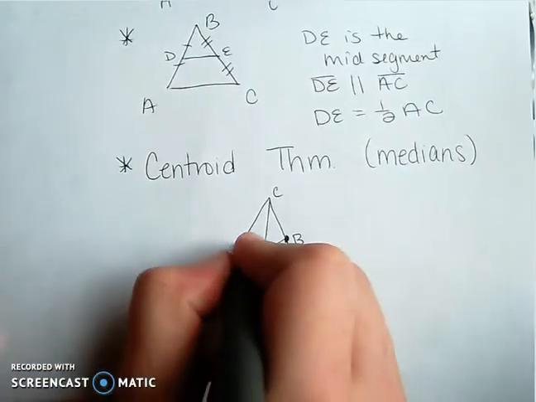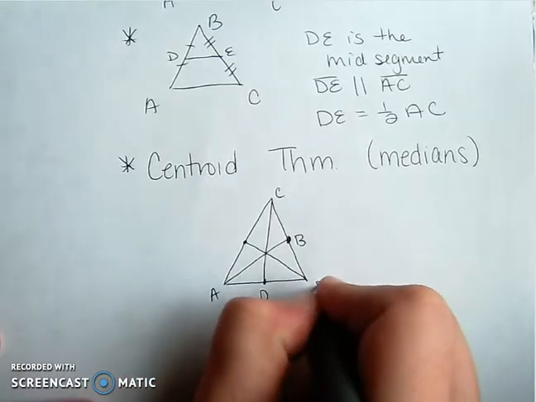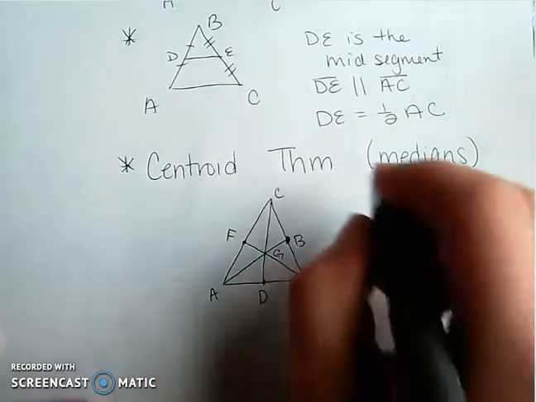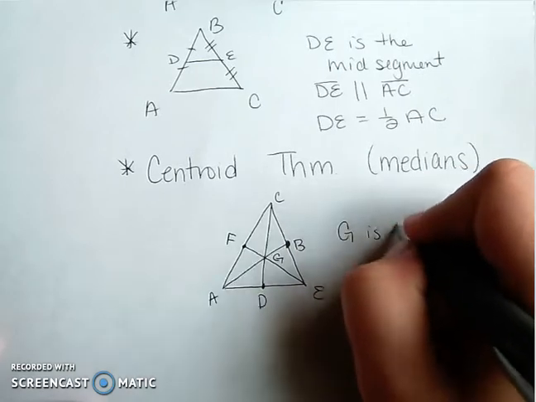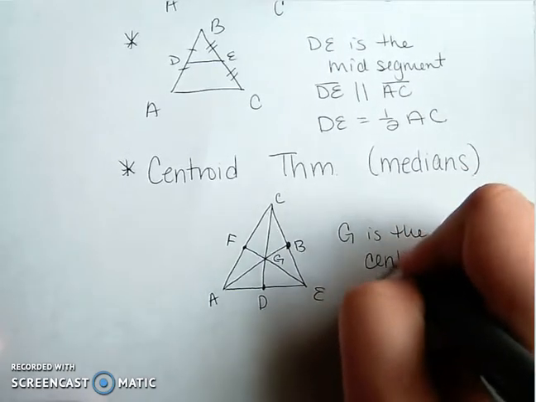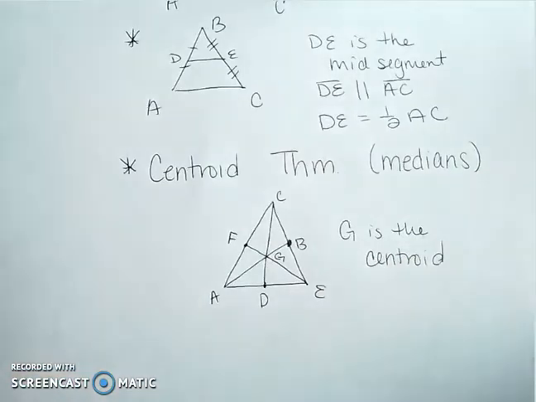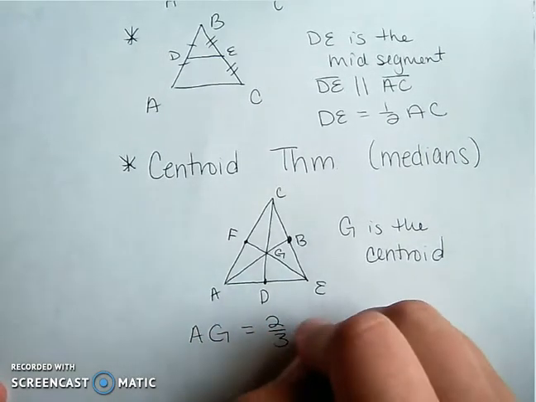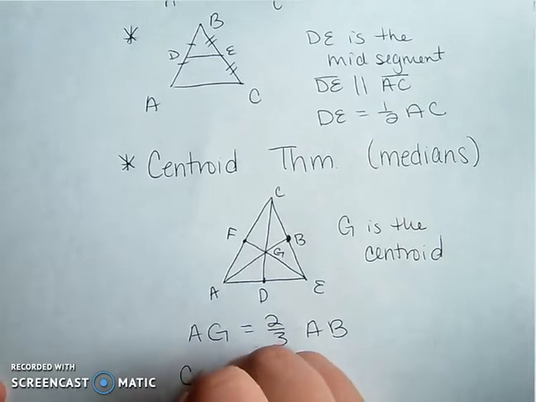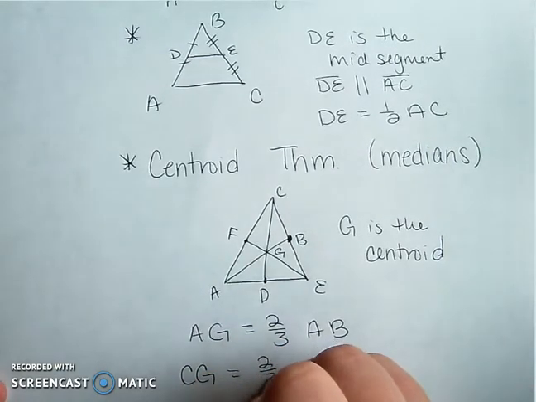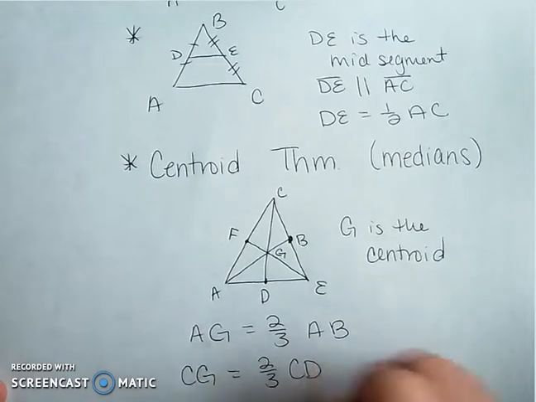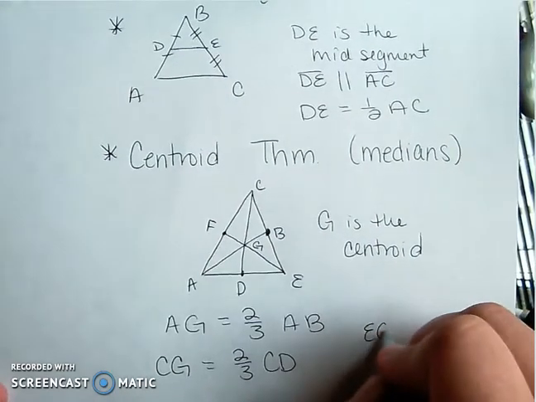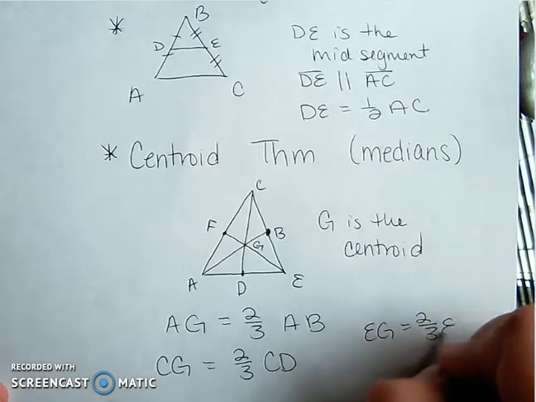And then from this to this midpoint, call that EF, making G the centroid. Hopefully you remember the relationship between these segments, and that is the fact that AG is 2/3 of AB, or CG is 2/3 of CD, and lastly, EG is 2/3 of EF.